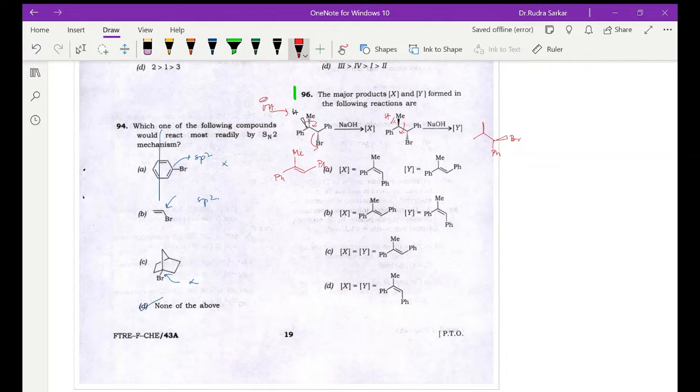The Me is over here. The H is over here. So if we take this one, then that will be released. So that means our product over here will be something like that. And hence the correct option over here is going to be B.